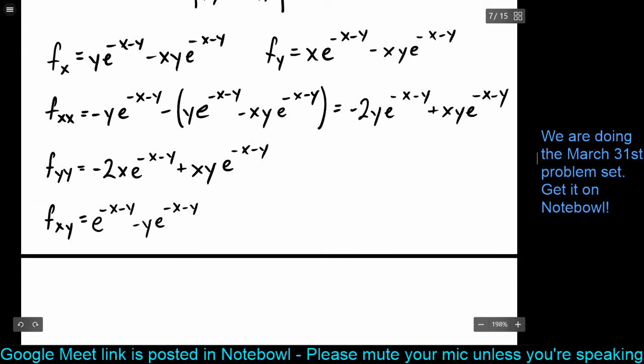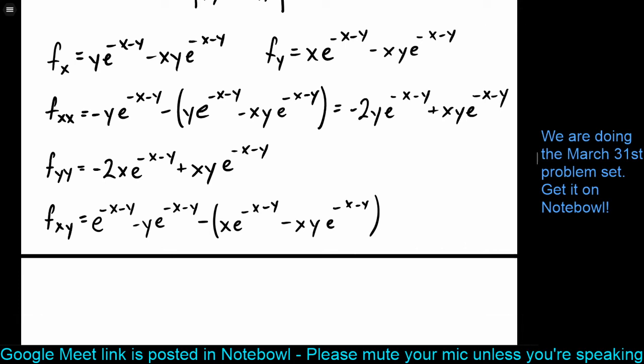So that's the product rule on the first part. Now the second part, we're differentiating that with respect to y, so we know it's going to be this, because again, this is the original function.